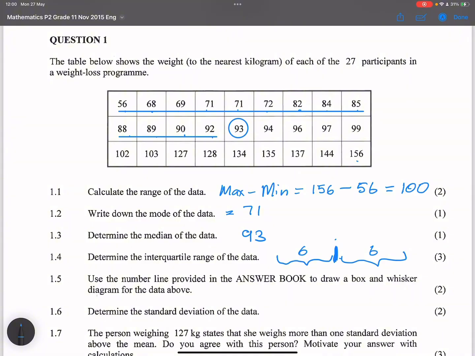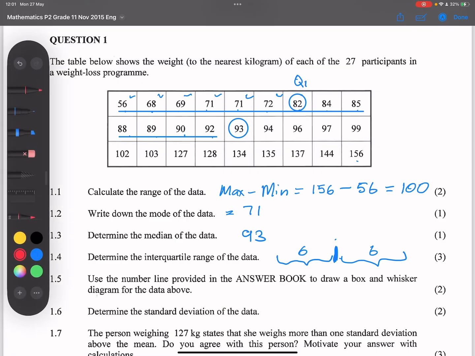So let's look at it again. That's 1, 2, 3, 4, 5, 6, 7. So this is Q1, in the middle of the first half. Now you go to the second half of your data. Perhaps let's use another color there.